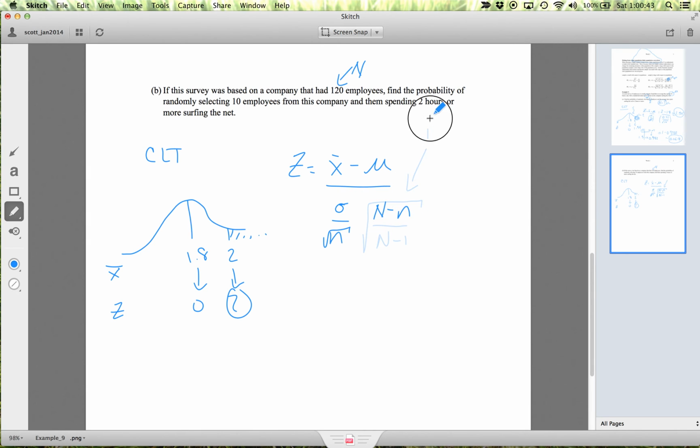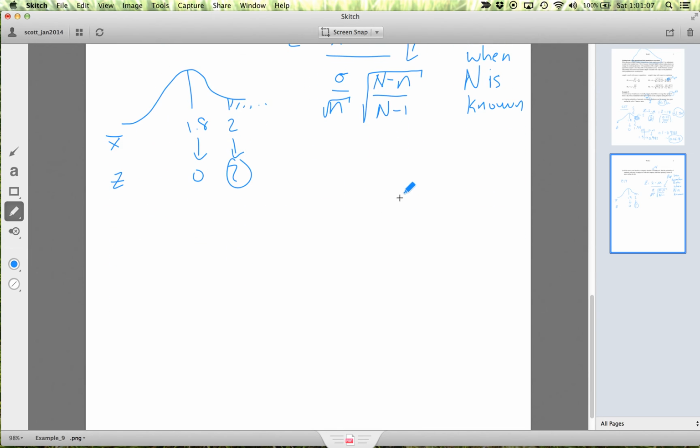This is because we know the population size. This is the population size correction factor. We should use it when you know what N is. Now that we have the formula, let's input our values.